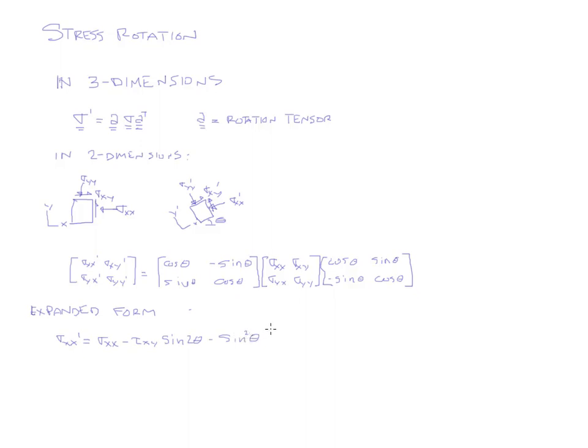We'll also talk later about a graphical method for determining stress components on rotated planes using the Mohr circle combined with a concept called the pole. But for now, we're doing it algebraically, and again, these expressions can be quite useful for a program. You could easily program this up in Excel or MATLAB or any program like that.